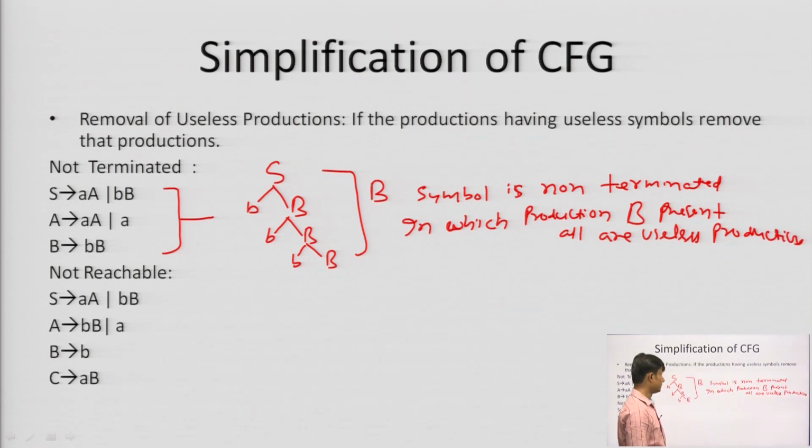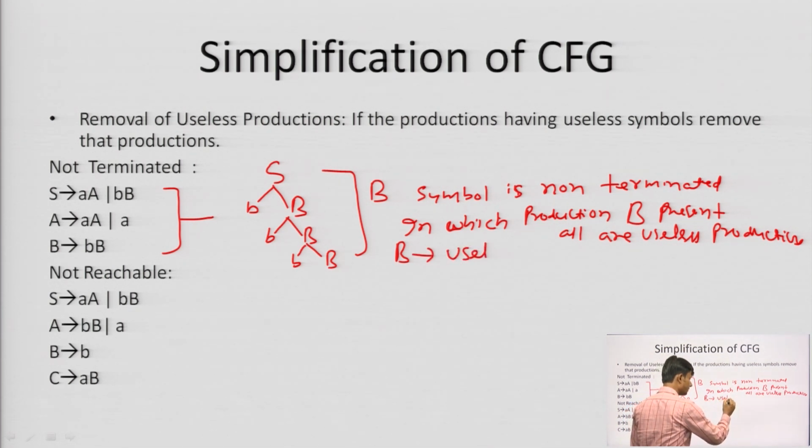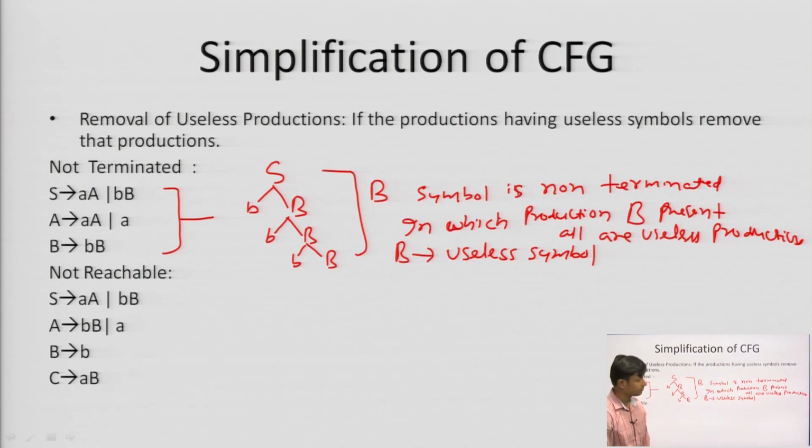So, here B is a non-terminated symbol and you can say B is a useless symbol. When you find that B is a useless symbol, wherever a production has B, all those productions are useless productions, just remove those productions.